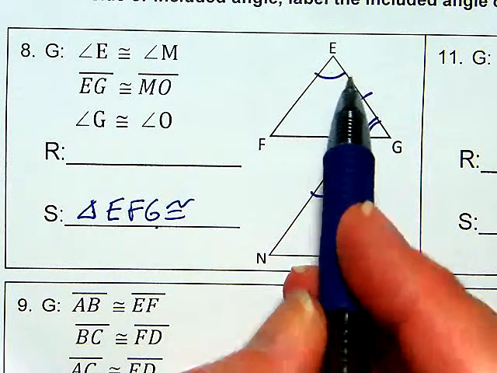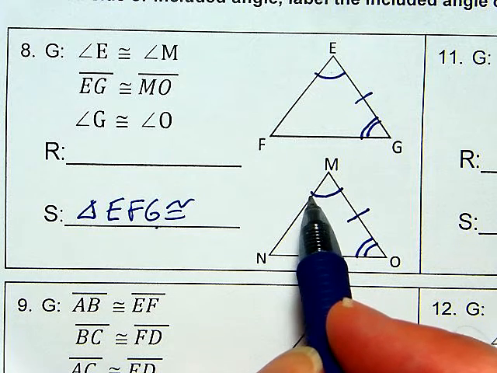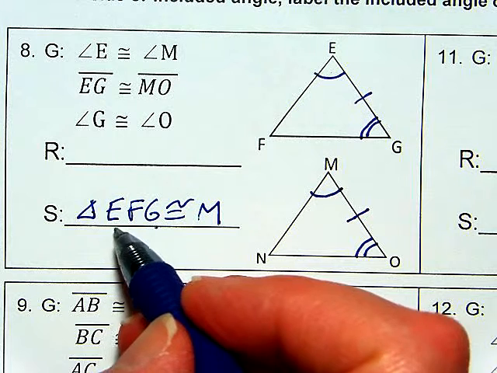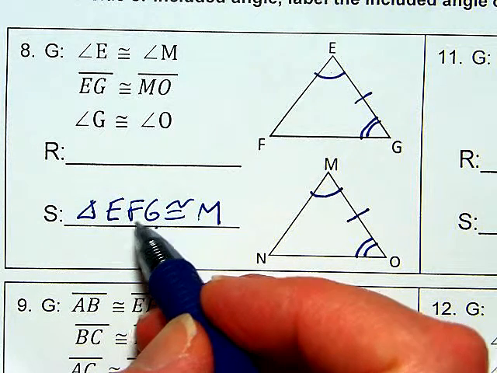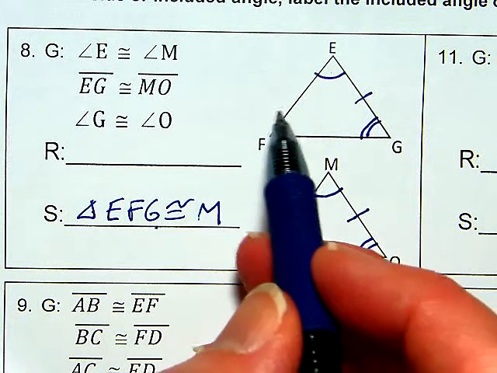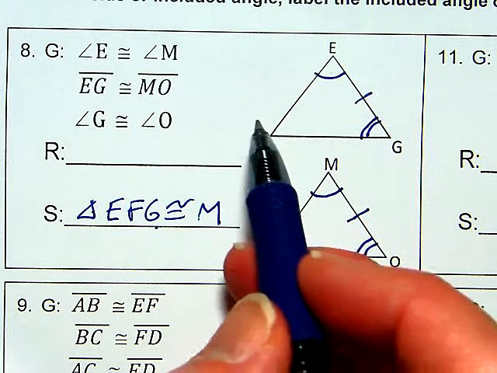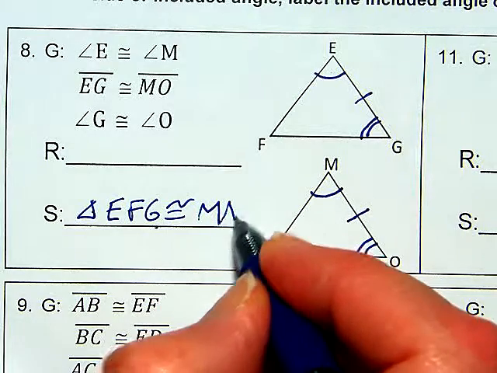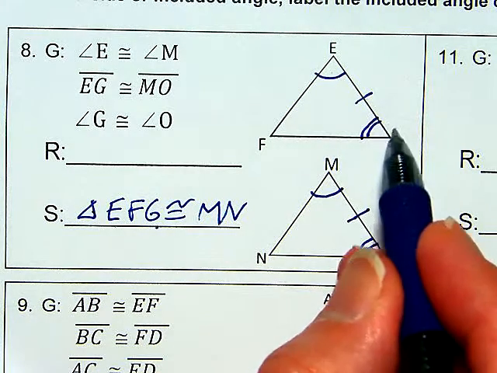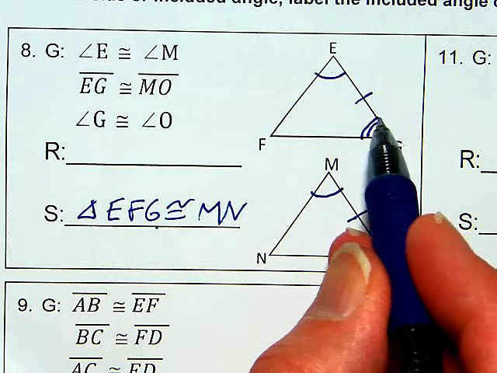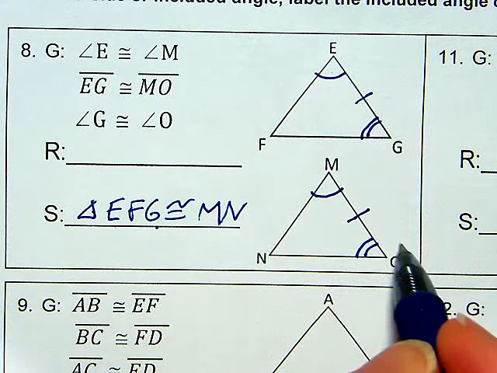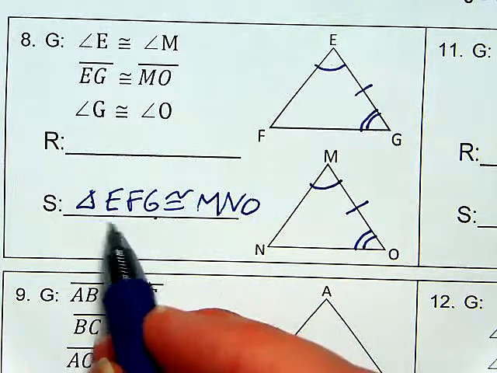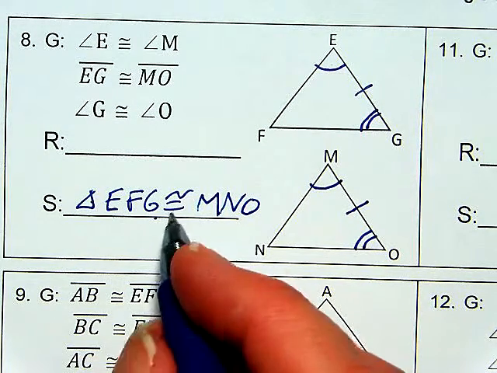So we have to start this triangle with the angle that had the single curved line, which in this case is M. The second letter is F, the angle that has no markings. That corresponds to N in this triangle, so we put N. Finally, G is the angle with the double bar, so we have to end with O, the corresponding angle in this triangle. So when we write the congruence, we have to be careful that we put it in the right order. And the reason here was angle side angle.